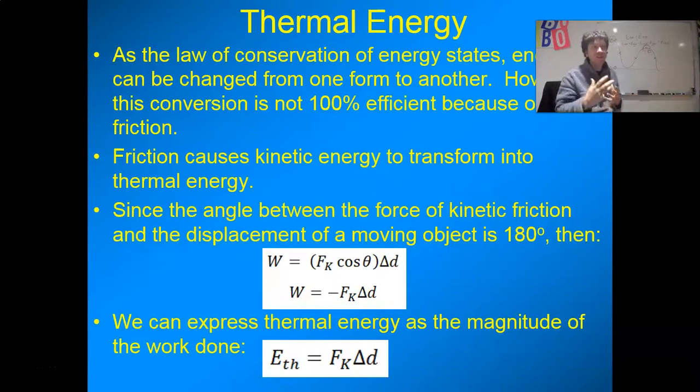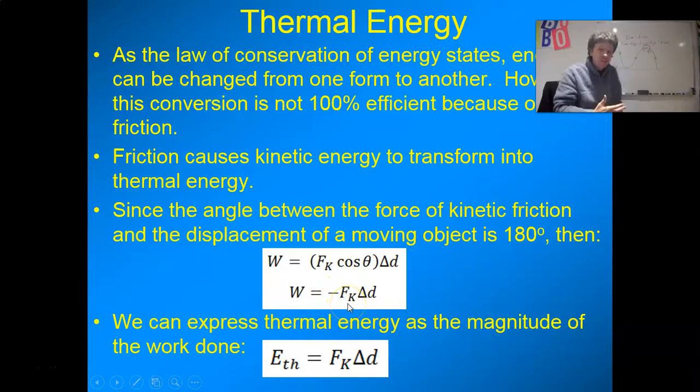So your system might include the train and the track, in which case, no, you're not removing it from the system because you're including the track. But it is removing it from the train's kinetic energy. Right? So we've lost kinetic energy, which is why friction does negative work. And so we have a negative value.